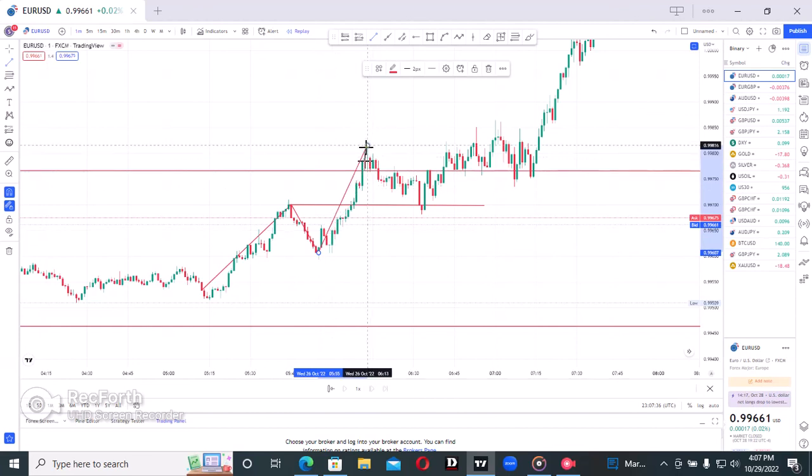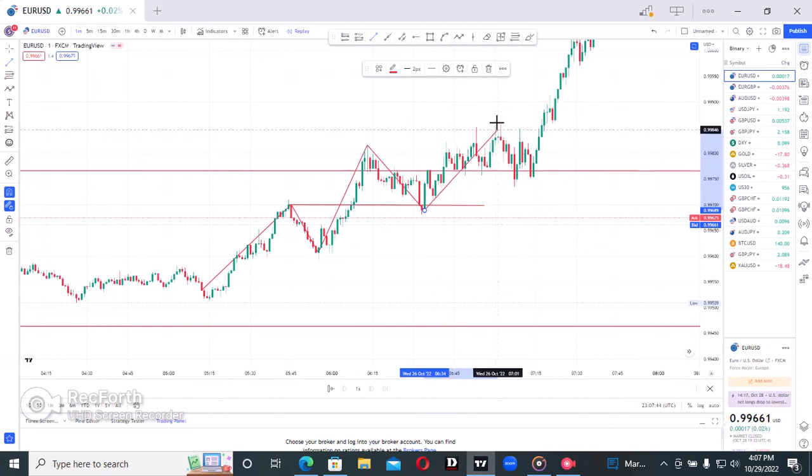We have a retracement, and then we have an impulsive wave. This is the breakout of this area right here, and then we have a retracement just like this, and then an impulsive move, and then a retracement, and then an impulsive move.